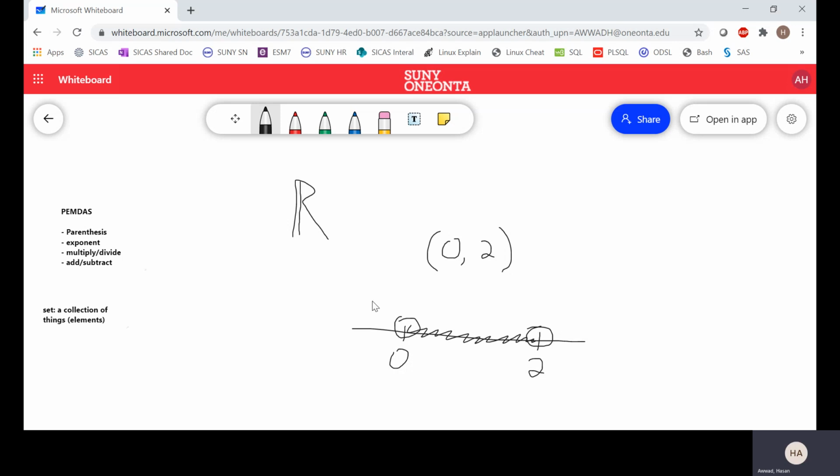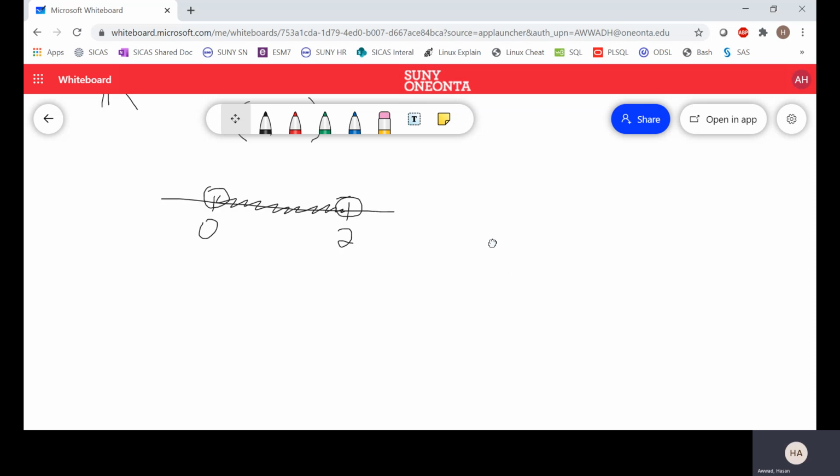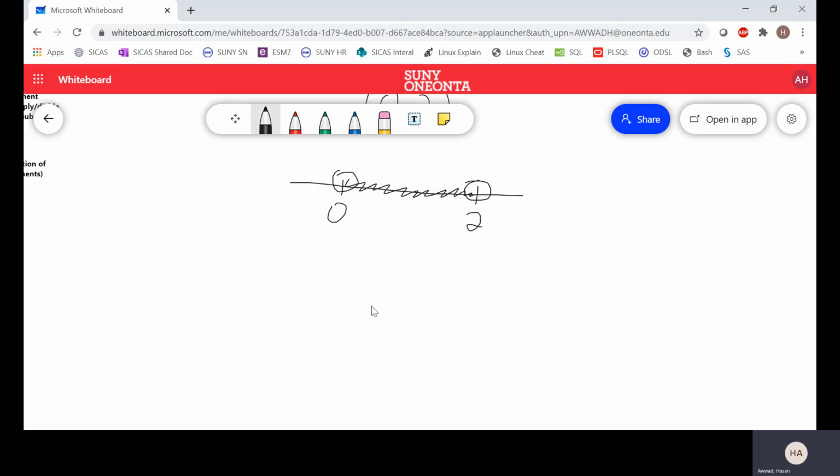Now, depending on your textbook, I do just want to make a quick note of this. These are equivalent, what I'm about to do. So as far as this above one and what I'm about to write in blue, these are entirely equivalent. So say we had, again, from 0 to 2, and we wanted all the numbers between 0 and 2, but we didn't want 0 and 2. We don't want the endpoints. You could just draw parentheses directly onto the real number line.